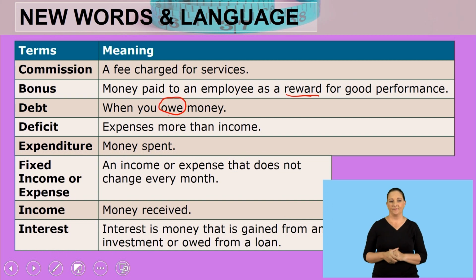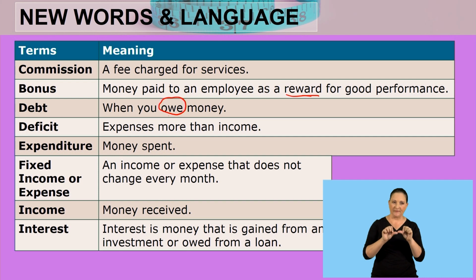Next one, fixed income or expense, an income or expense that does not change every month. Income, money received. Interest. Interest is money that is gained from an investment or owed from a loan.